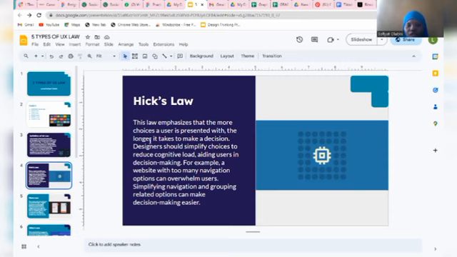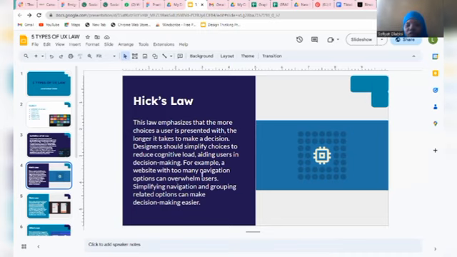This law emphasizes that the more choices a user is presented with, the longer it takes to make a decision. Designers should simplify choices to reduce cognitive load. For example, a website with too many navigation options can overwhelm users.